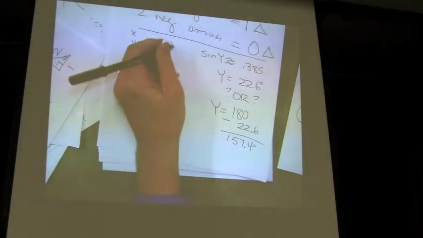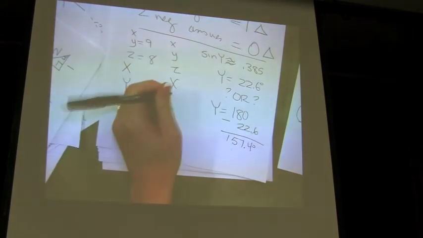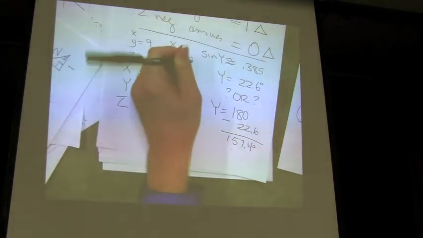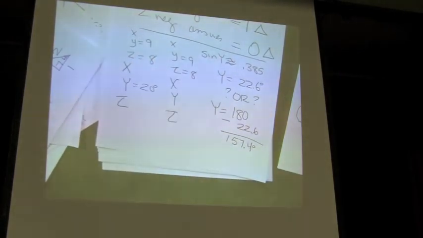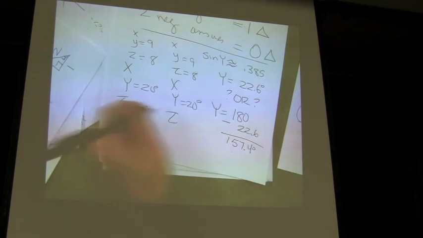So instantly, you have the ambiguous case. The given information isn't ambiguous. That's going to stay constant. But you've got two possible values. Wait, which was the... Oh no, it was angle Z that was 20, sorry.